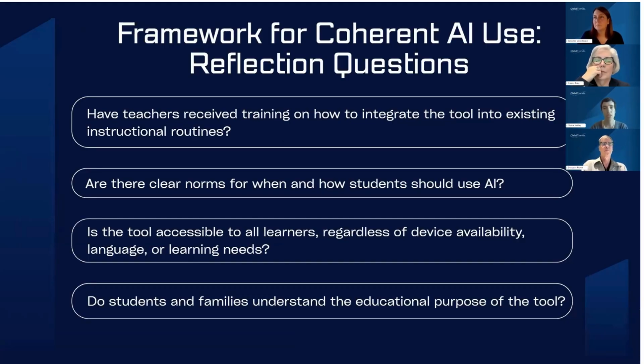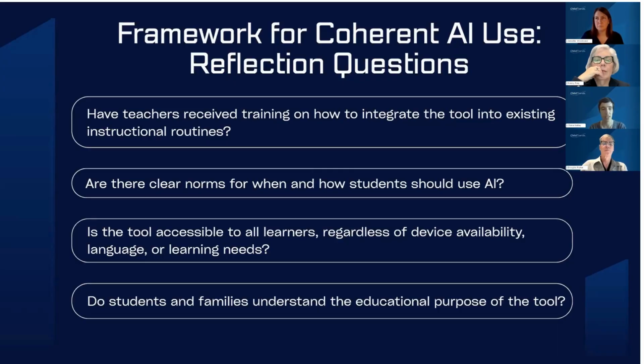We hope that thinking about this framework brings more questions than it does answers at this point, because at this point in an AI implementation, we should be really full of questions. When we think of projects under a coherent AI framework, some of the questions that this drives us to ask are things like, have the teachers received the appropriate training they need on how to integrate the tool into their existing work?